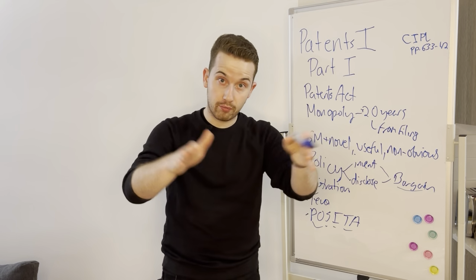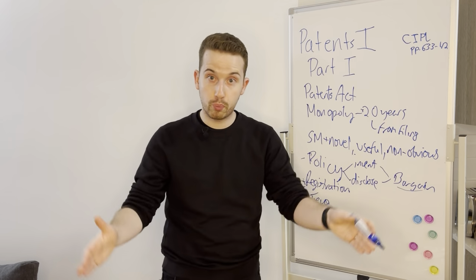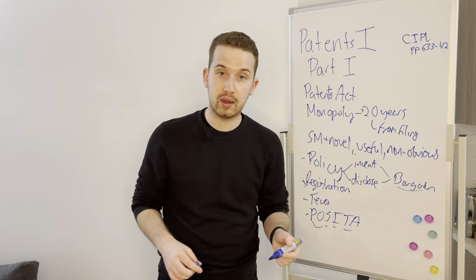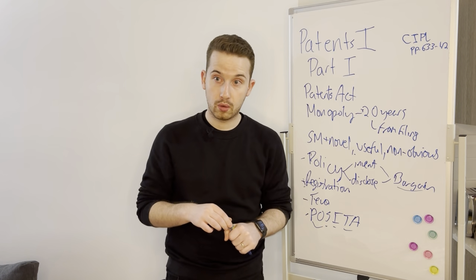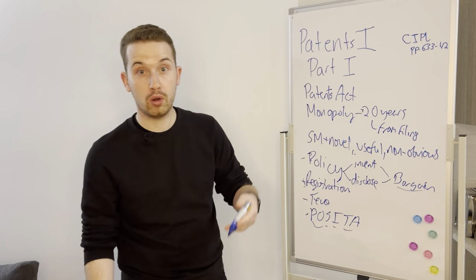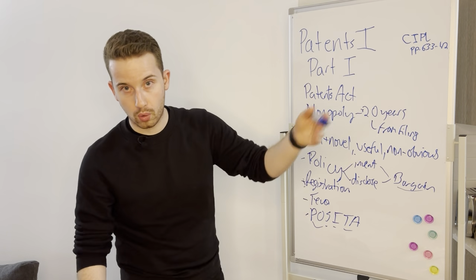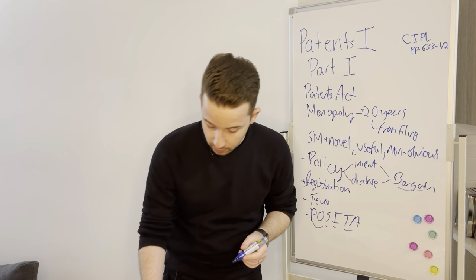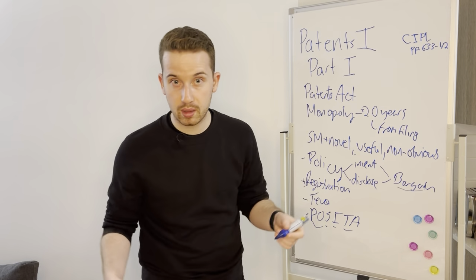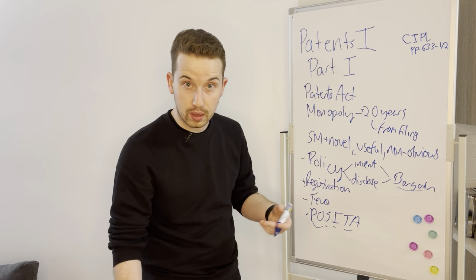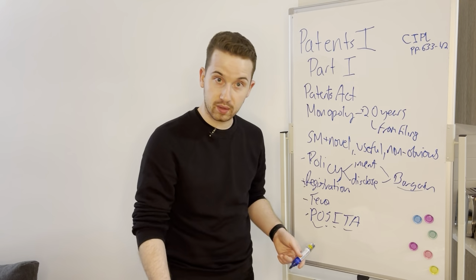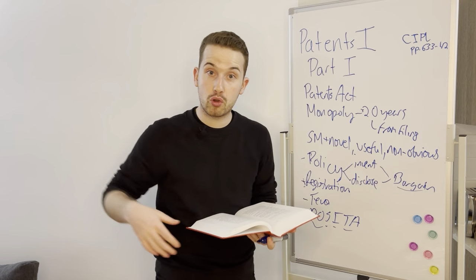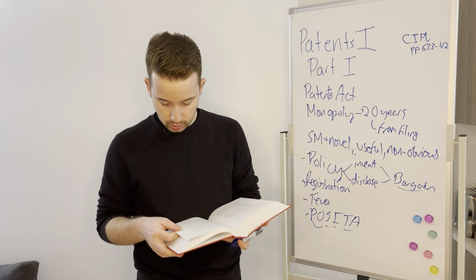Someone else can do whatever is outside of that. And if you're too broad, the court's going to say it's too broad, it was never valid in the first place. If you're trying to claim a monopoly over all vehicles going over snow, that's too broad. And so, for that reason, we have what they call patent agents, which are typically people who have doctoral degrees in the arts. They're POSITAs, and they're the people who write your patent application. They're the people who write down your plan and your claim construction.